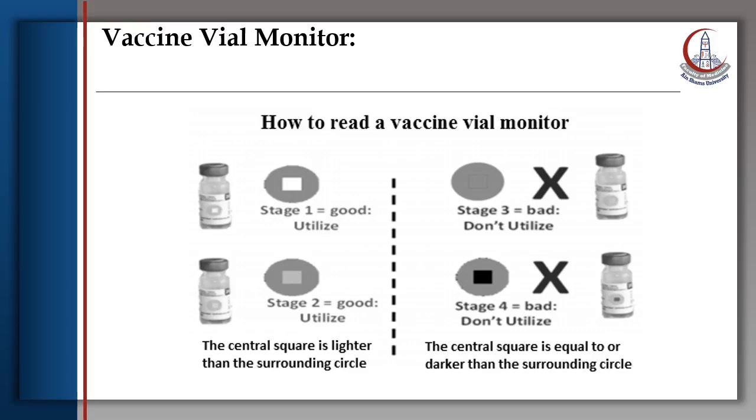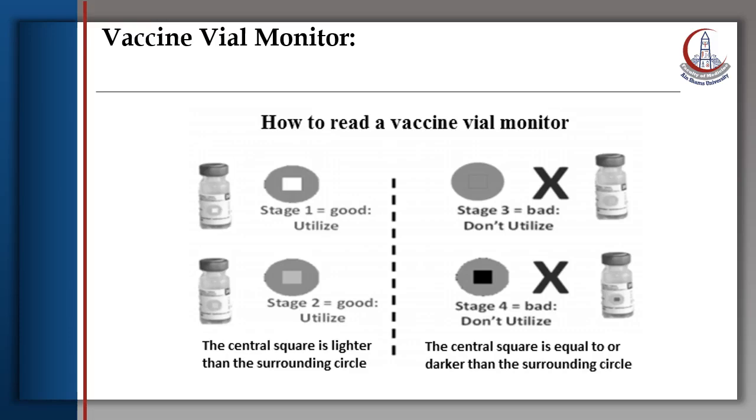This system helps to check the vaccine validity, whether it is valid and can be used, or it becomes invalid and can't be used. How? By looking at this central area. If this central square is lighter than the surrounding circle, this vaccine is good and can be used.